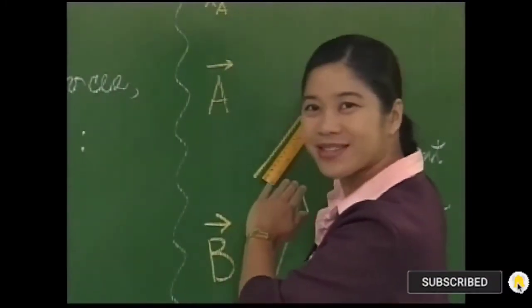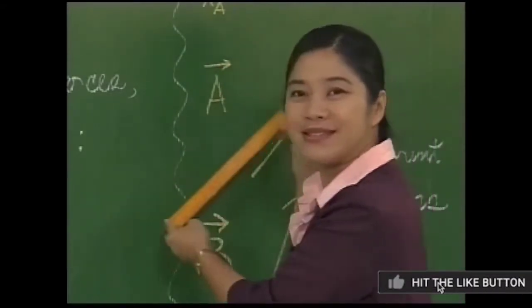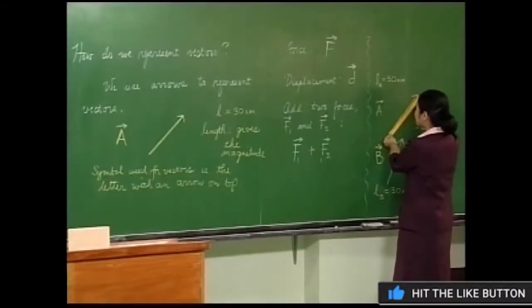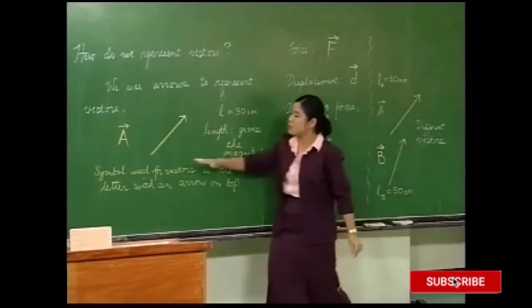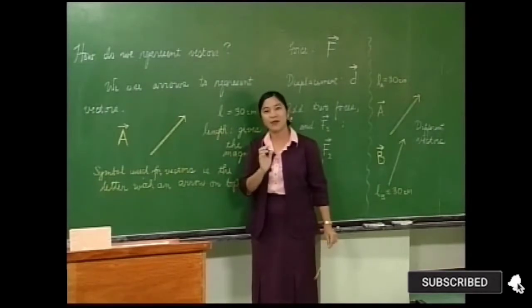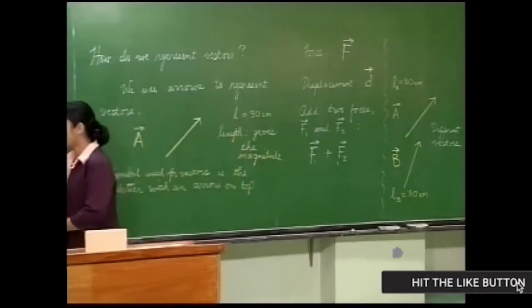But of course, being humans, it's very difficult to tell whether I have changed the vector's direction or not. So, how do we solve that problem? We now have to indicate the direction of a vector. How do we do that?